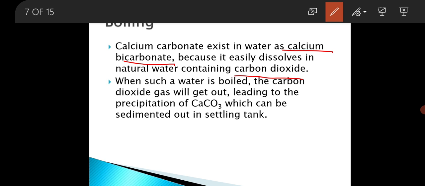When such water is boiled, the carbon dioxide gas will go out and it will form a precipitate of CaCO3, which is insoluble and can be sedimented out in a settling tank.